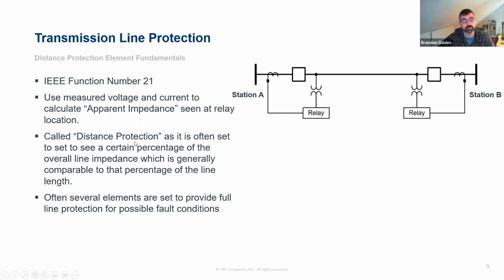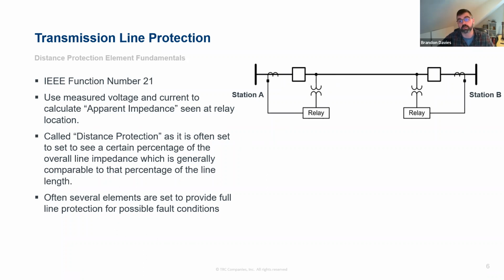It's called out as distance protection because in general, where we're operating with an impedance, and the impedance of a transmission line can be described as a certain amount of impedance per unit length, you can roughly say that your distance protection is going to operate for a certain distance down the line, whether it's expressed as a percentage of the overall line distance or even a mile.